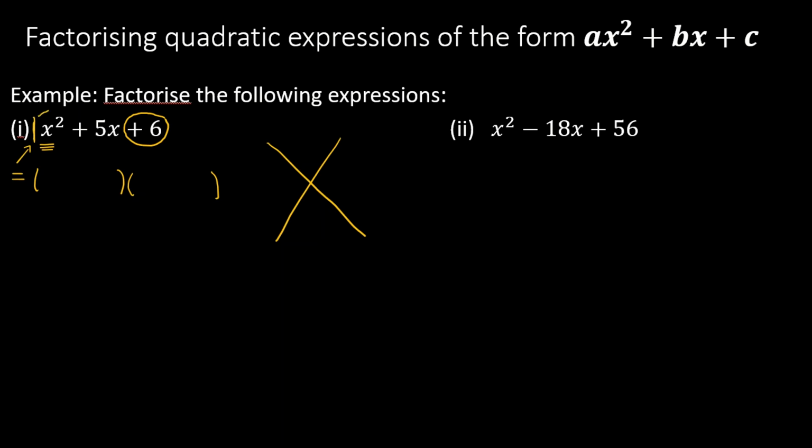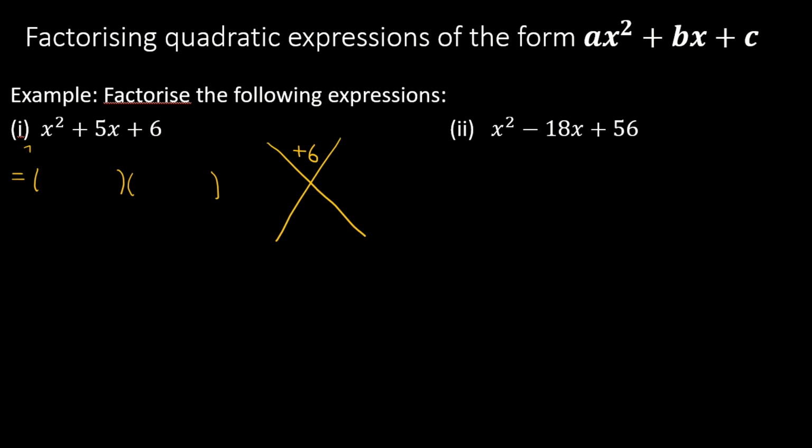What do we do with these two numbers? We multiply them. 1 times positive 6 is positive 6. So we write it here. This is the first step.